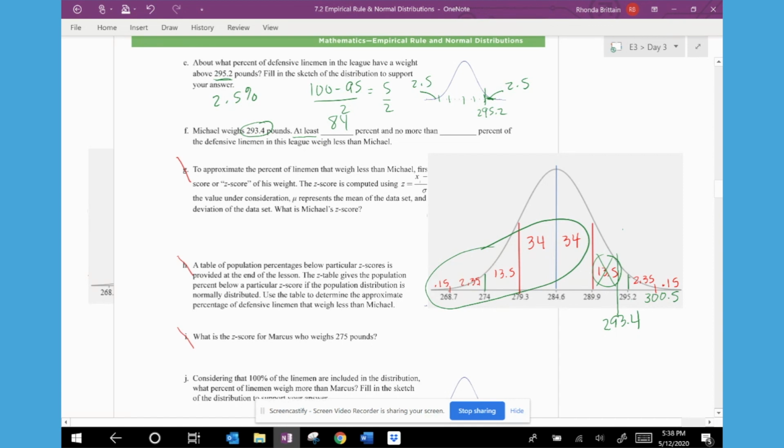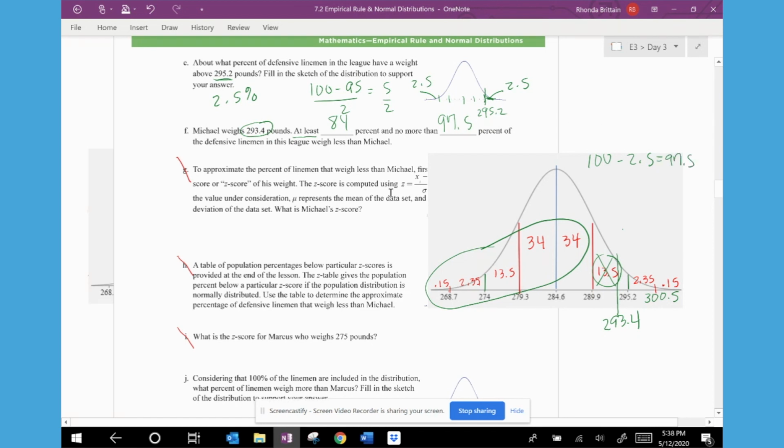So if I take the 2.5% that's remaining above that, that's going to give me 97.5. So we added up for the 84, the 0.15, 2.35, 13.5, 34, and 34. And for the 97.5, we took 100 minus the 2.5% to get that number.